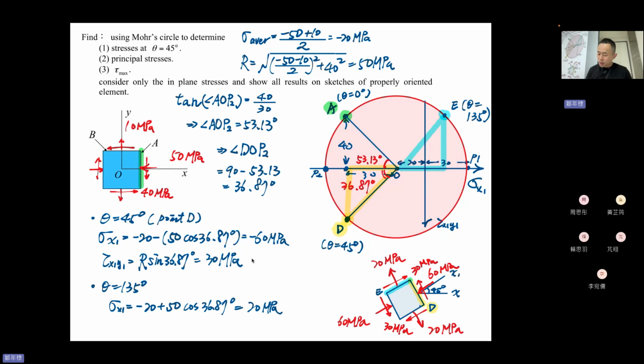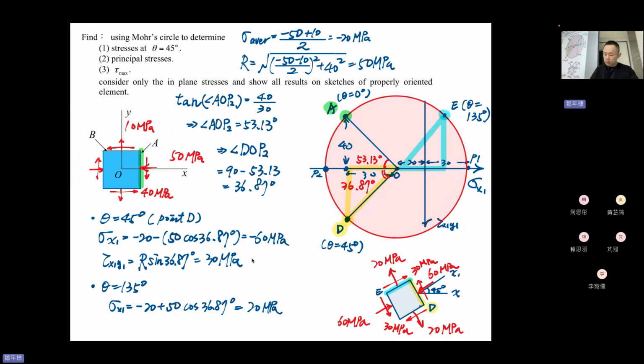The stress can be directly used as the coordinates of that point. So you can specify the point and set that as theta equal to 0 degrees. And then you can use this as the starting point and get every angle as the inclined section, from 0 to 2 pi, and you can get everything.